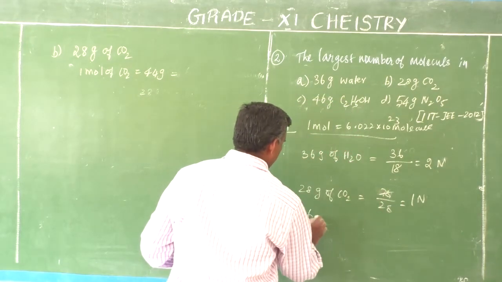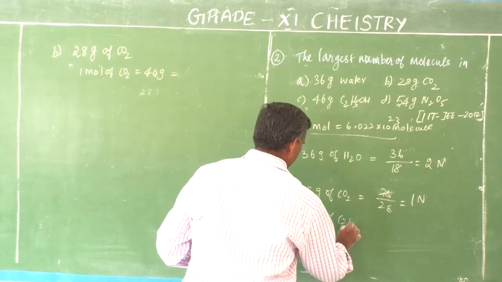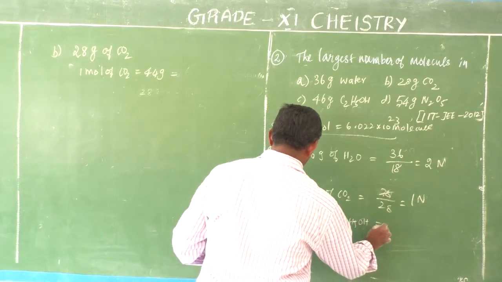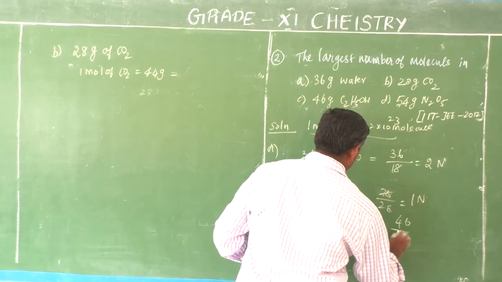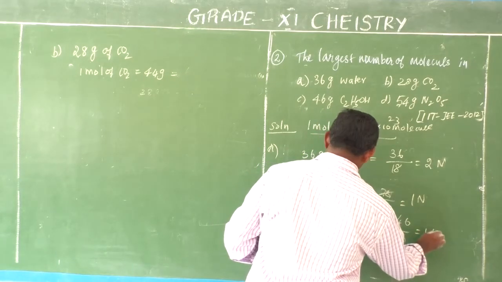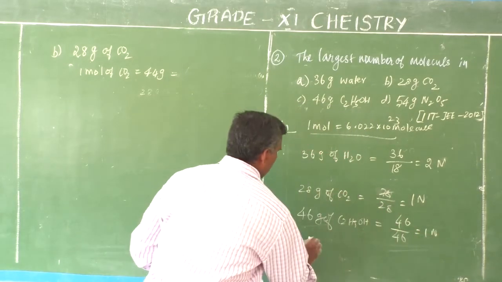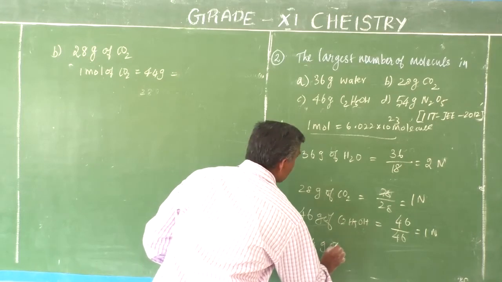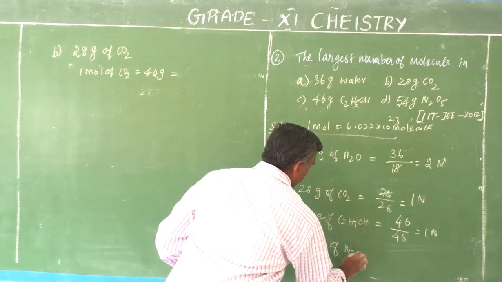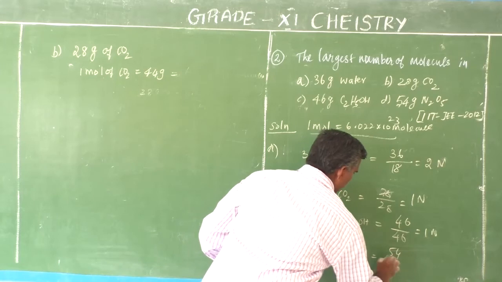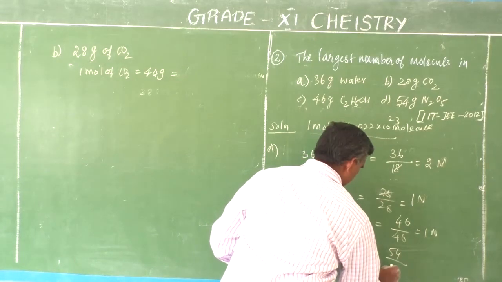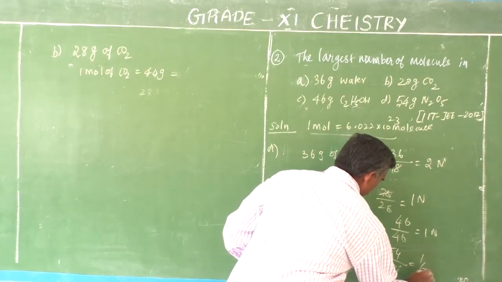46 gram of ethanol: 46 divided by 46, that is 1. 54 gram of N2O5: molecular mass 108, that is 1 by 2N.